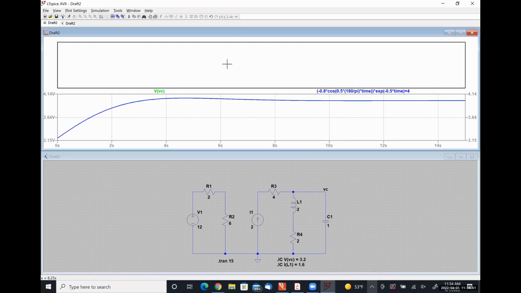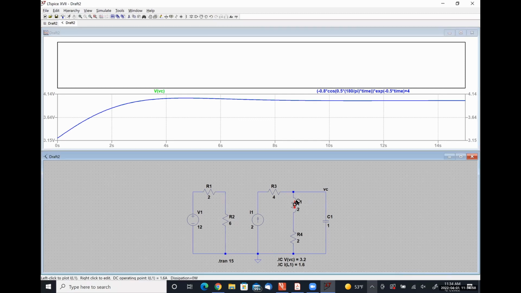If I click into the area of the empty plot pane, and now I come down here to my simulation and get my current probe over my inductor, I've now plotted my inductor current. And then I can right click into here and type in my mathematical expression for my inductor current.